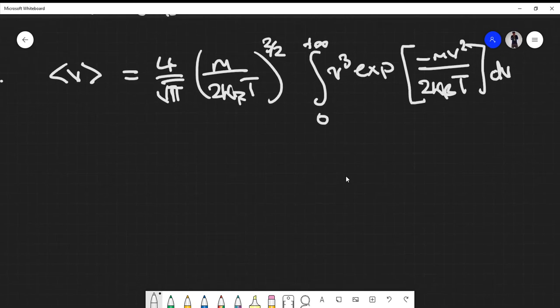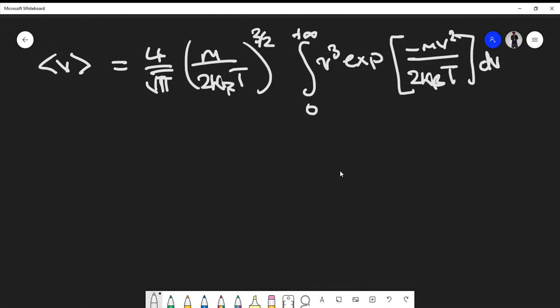Now this is a tough integral, and so essentially we're doing the integral from the integral tables. So you could get these integrals from tables within various mathematical integral books.